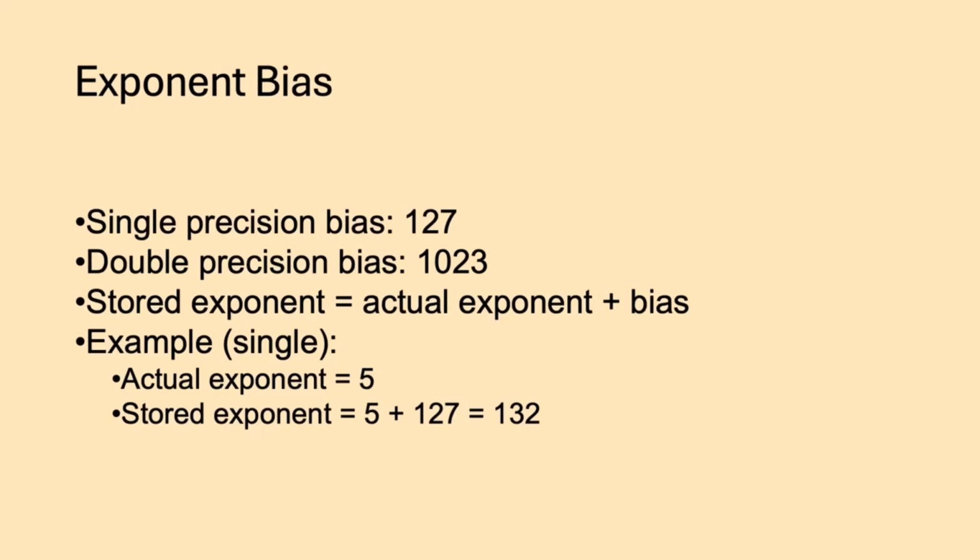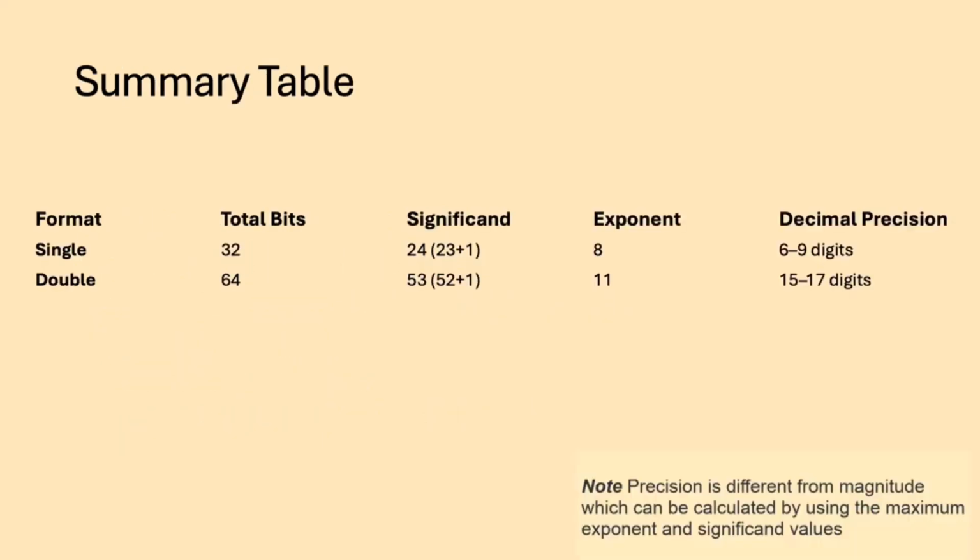To take an example, if a single precision floating point number's exponent had the value 101 binary or 5 in base 10, then the stored exponent would be 101 plus 1111111, which equals 10000010, or in base 10, 5 plus 127, which equals 132. A summary of the precision that can be represented by single and double precision is shown here.